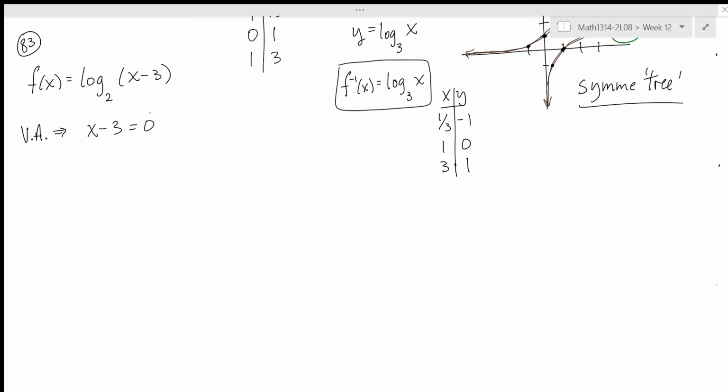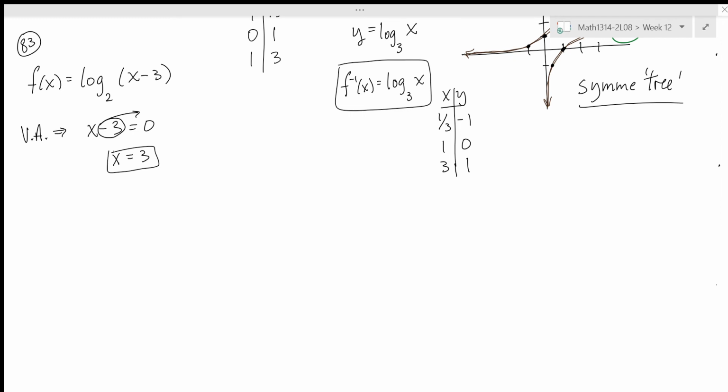So whatever you're taking the log of, if you set it equal to 0 and solve, that's where the vertical asymptote will be. If I move that across, that's x equals 3. That's going to be my vertical asymptote.